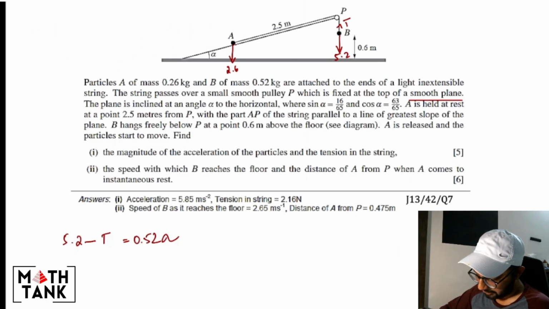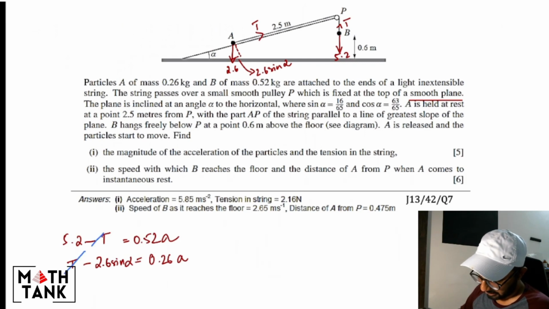I can say that the driving force, the gravitational force, is going to be 2.6 sine alpha. There's going to be a tension pulling it forward. So I'm going to say that T minus 2.6 sine alpha equals 0.26a.